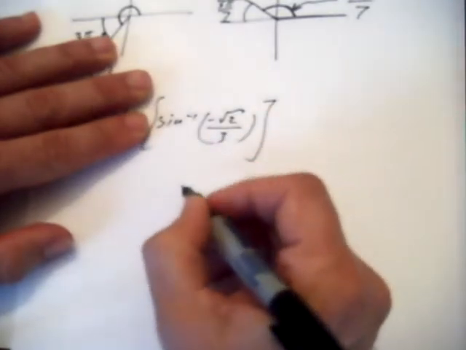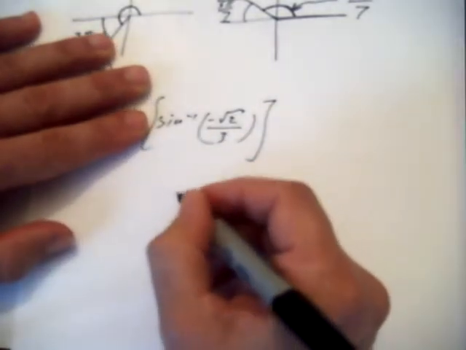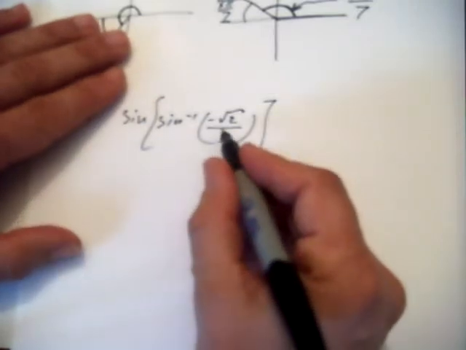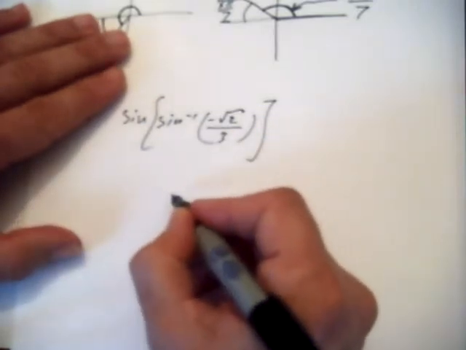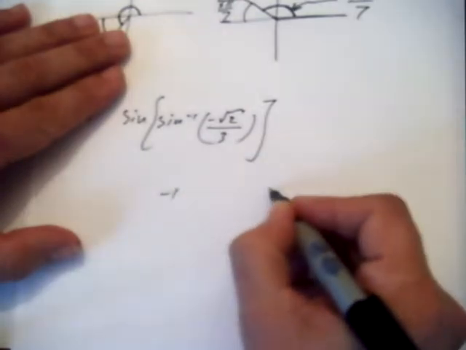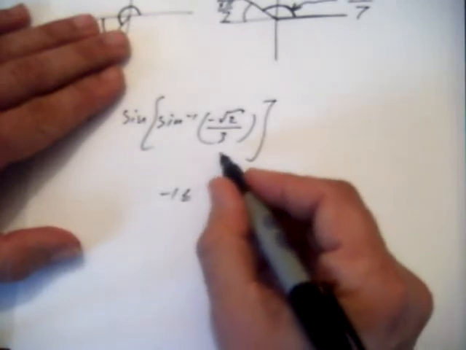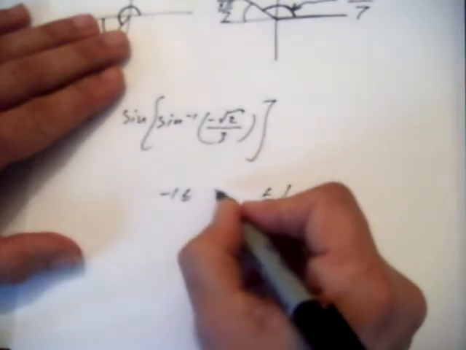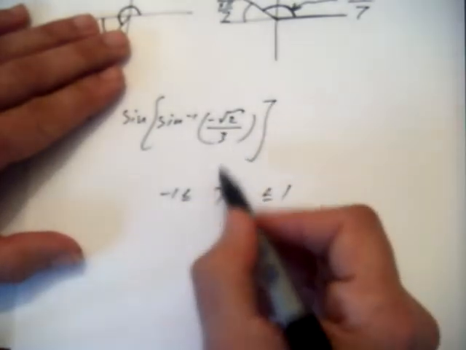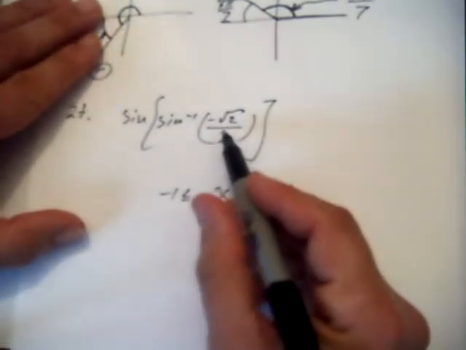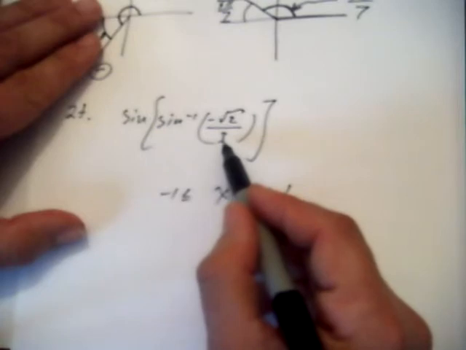This has to lie between negative 1 and 1, and since we satisfy this condition, x satisfies the domain condition.